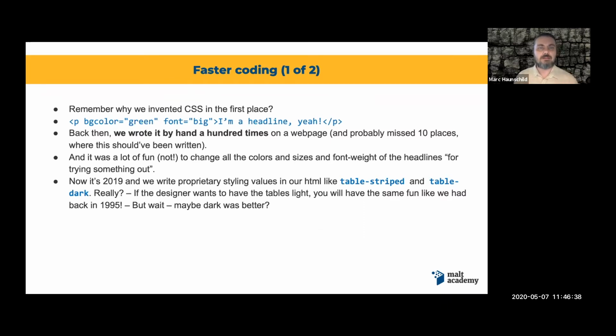But something like this you had to write. So every time you had a paragraph that should look like this, you had to write this. Sometimes 100 times on a web page. And I was doing this by hand because frameworks and a lot of other things we are using today were not available at this time. And this was no fun at all.